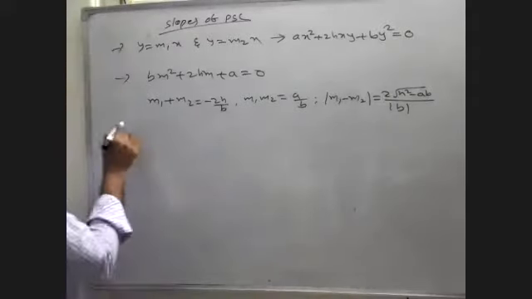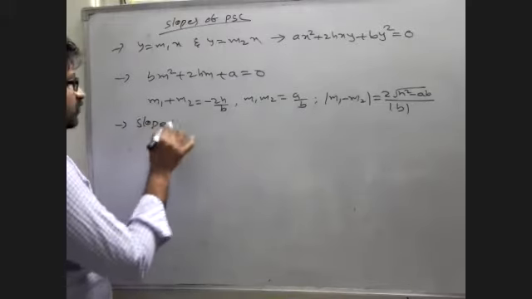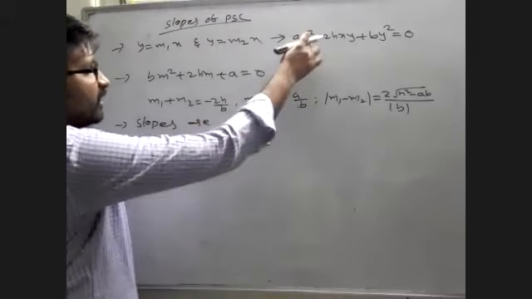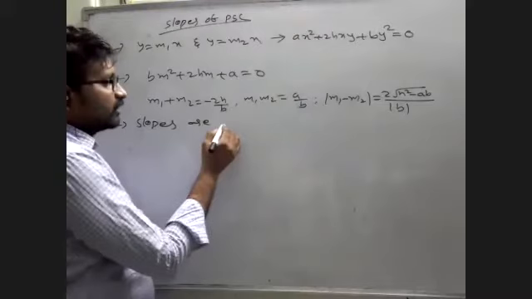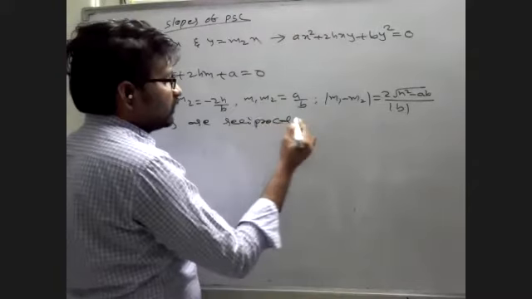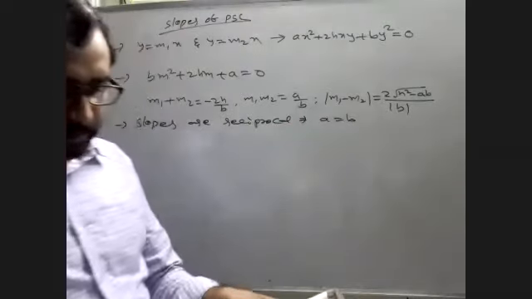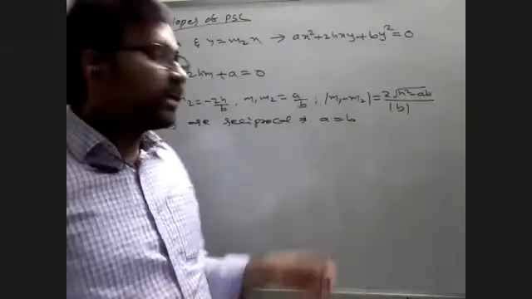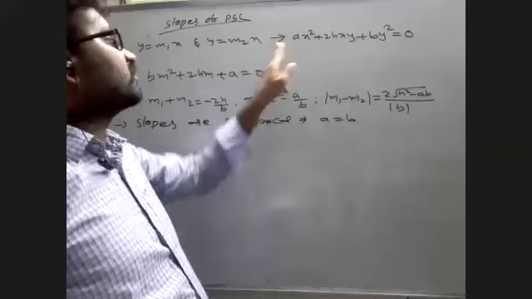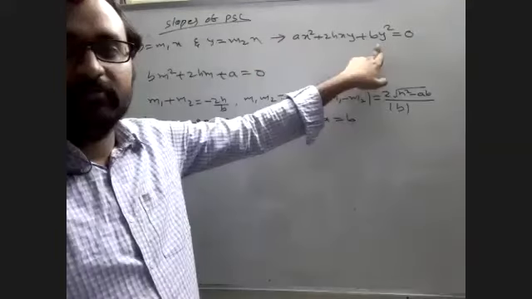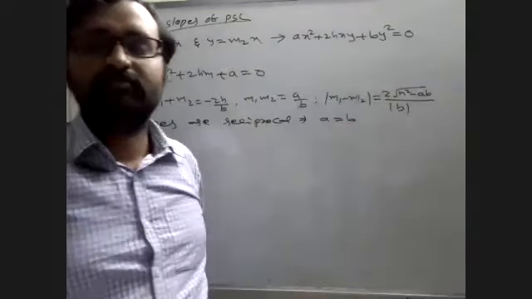If the slopes of a pair of lines are reciprocal, then the condition should be a equal to b. If a equal to b, meaning x square and y square have equal coefficients, then the slopes are reciprocal. Then slopes clearly reciprocal. Understand?